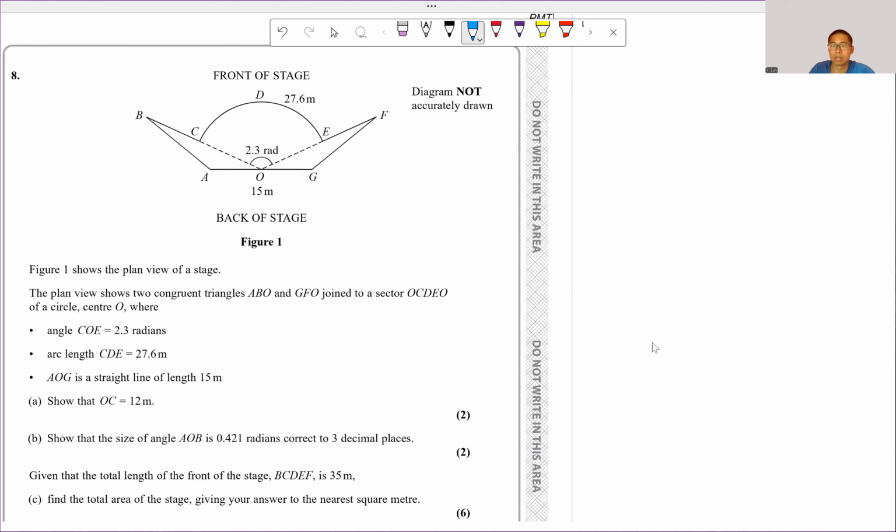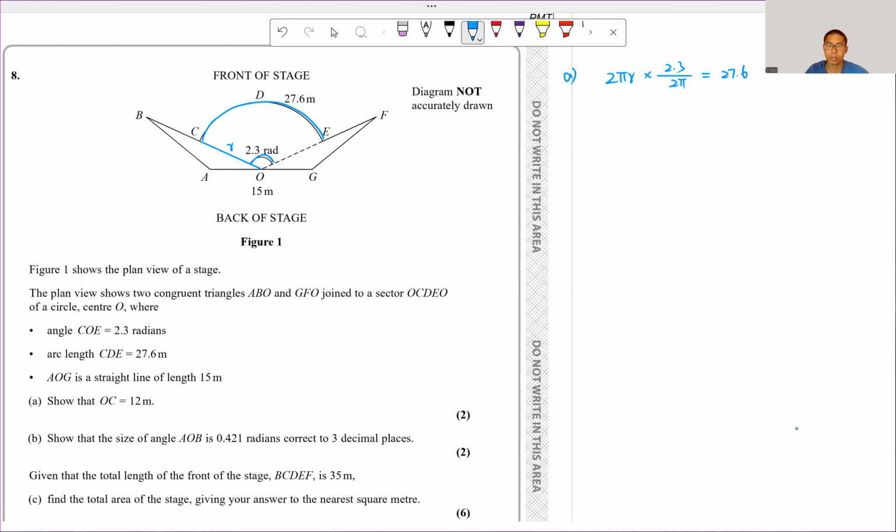Okay, so let's have a look. For this one, because we know the angle, and we know the arc length, and they want us to find OC, basically it is the radius of this small sector. So to work out this radius r, we can do 2 pi r times 2.3 over 2 pi, that's equal to 27.6.